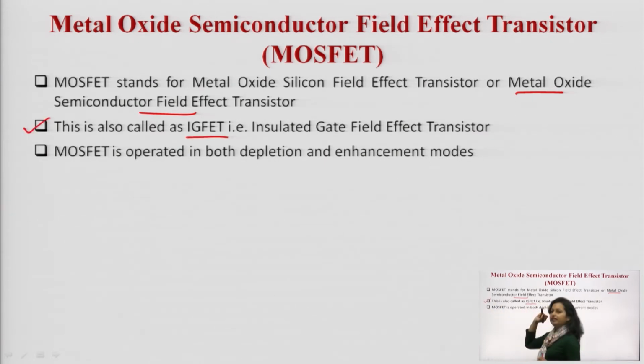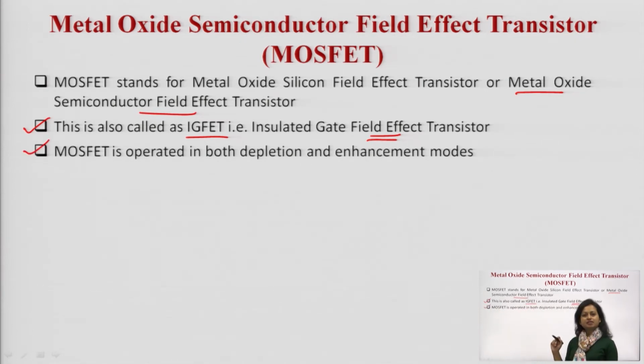It is also known as IGFET, insulated gate field effect transistor. What do you mean by insulated gate? Here the gate is not directly connected with the substrate. There is insulation between the gate terminal and the substrate, the body, which means there is an oxide layer. That is why it is known as an insulated gate field effect transistor.